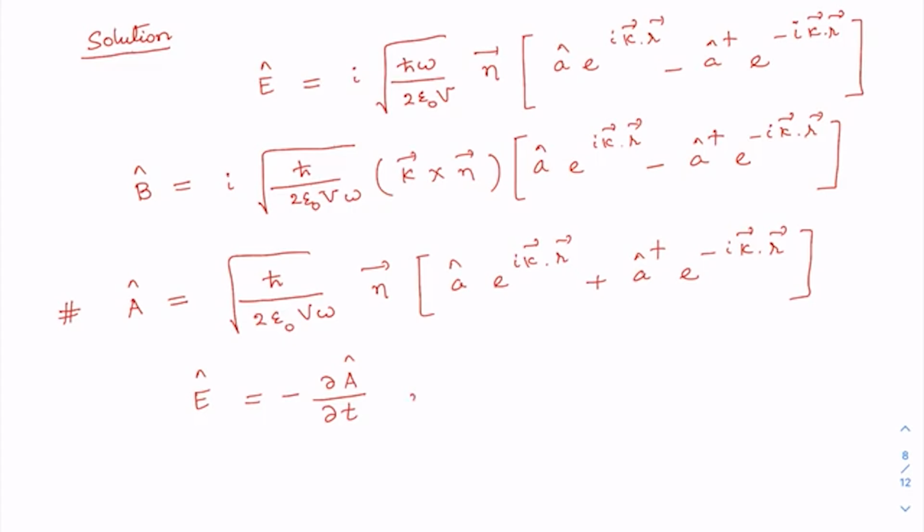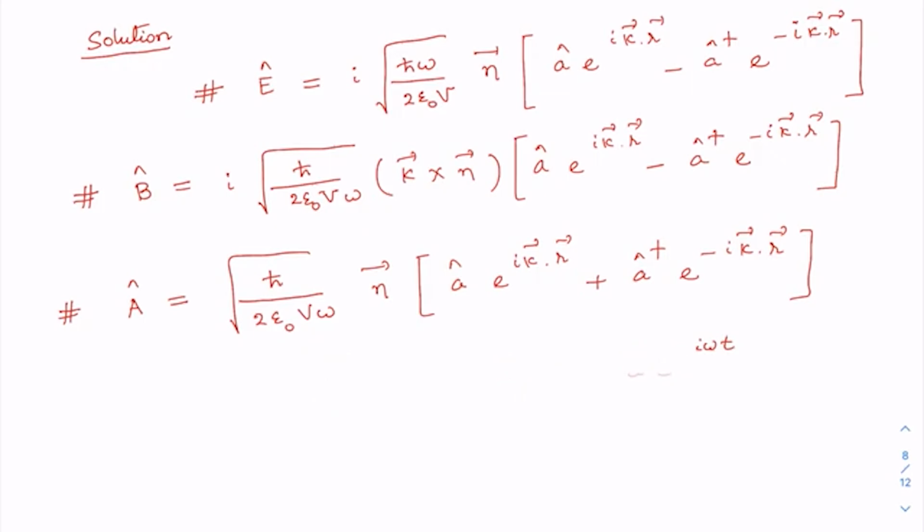While verifying it, always keep in mind that this annihilation operator varies in time as a e^(−iωt). If you keep these things in mind and put it in this expression, you will be able to get the expression for the electric field. Okay, so please try to verify it.